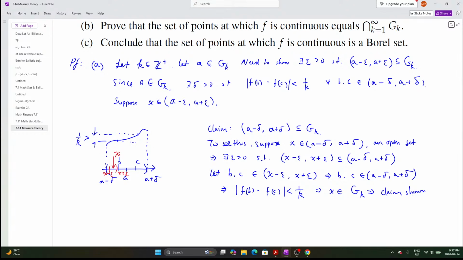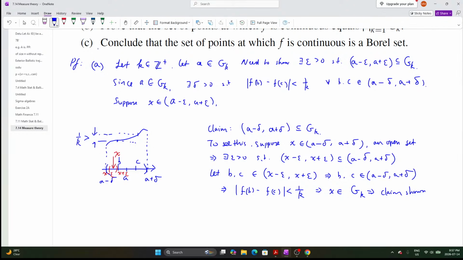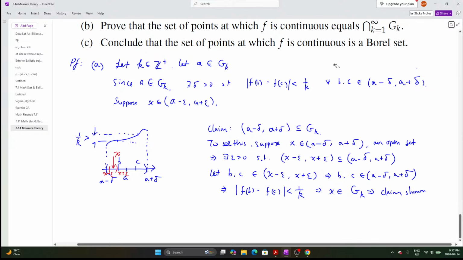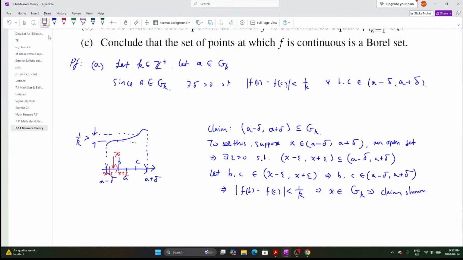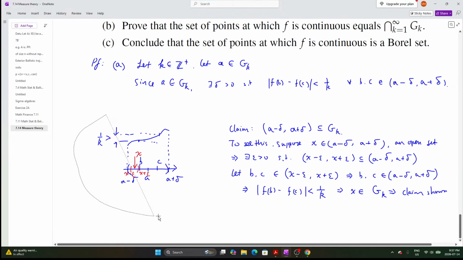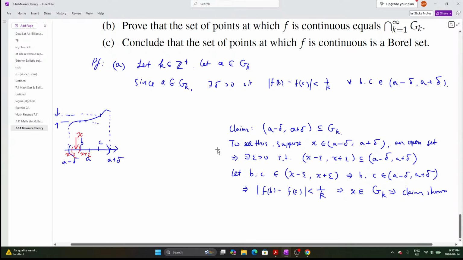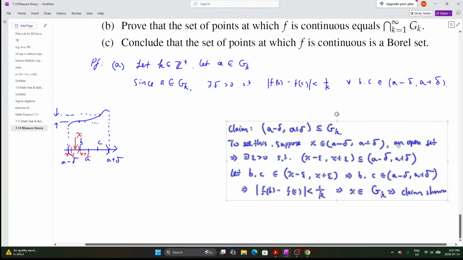So we can simplify the paragraphs a little bit. Let's just erase that. The picture on the side. This is the claim, and we're done.